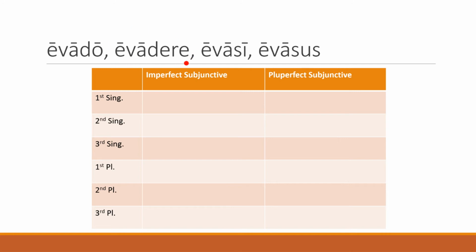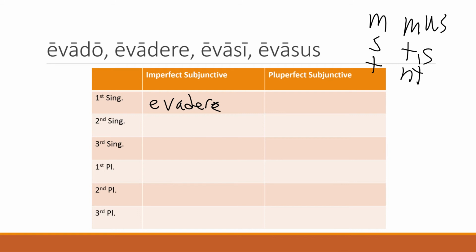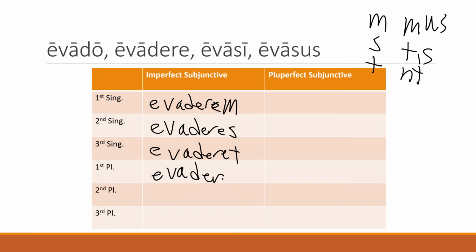Those personal endings are m, s, t, mus, tis, nt. So for first person singular, I was escaping. Evaderem, evaderes, evaderet, evaderemus, evaderetis, evaderent. That's all you got to do.